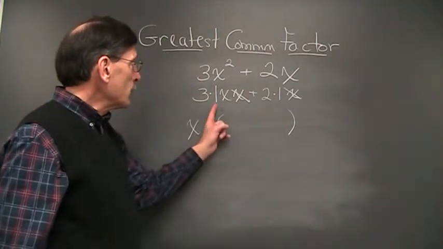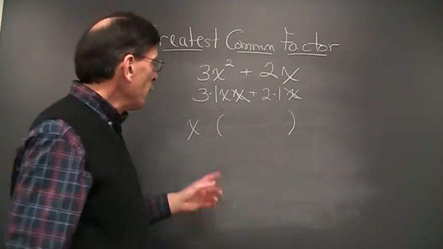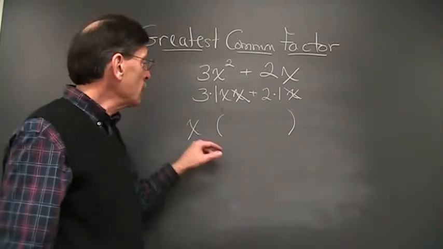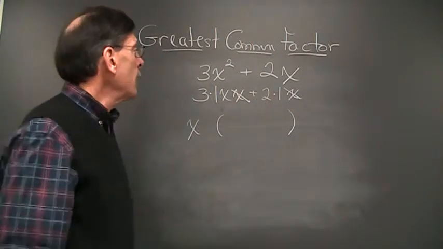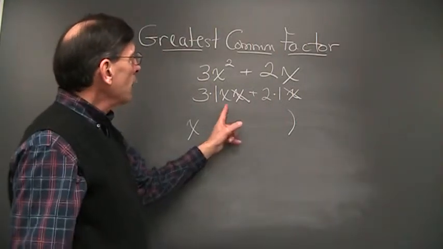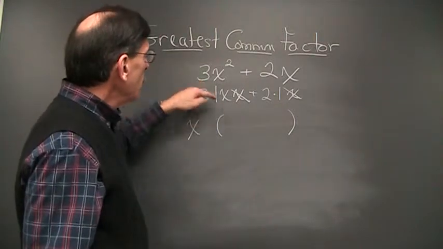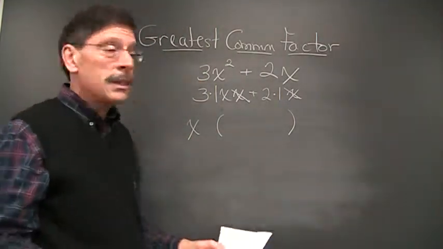Now you've also noticed there's a 1 in common, but we don't factor out a 1. If we did, we'd have x times 1, which just gives me x again, and it doesn't change this factor in front of parentheses. Now when I look at my remaining two terms, there's nothing in common, so I drop the remaining factors down inside the parentheses.